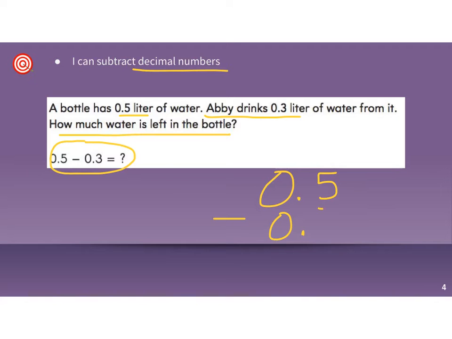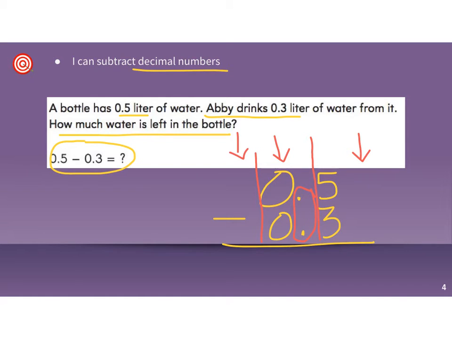You need to line up the numbers by lining up the decimals, and when you do that, all the other places will fall into place. The tenths place, the hundredths place if there were one, the ones place, the tens place, and so on. So line up those decimals and then complete the subtraction problem.